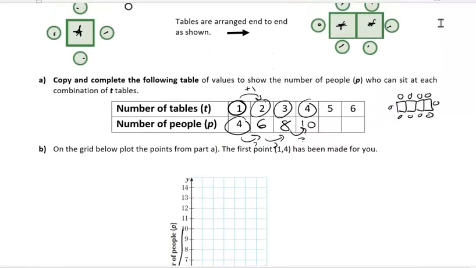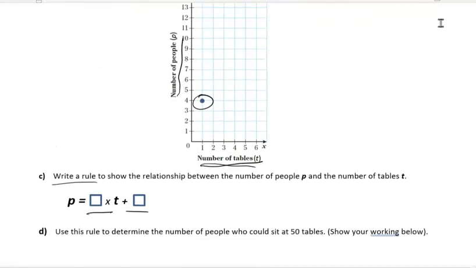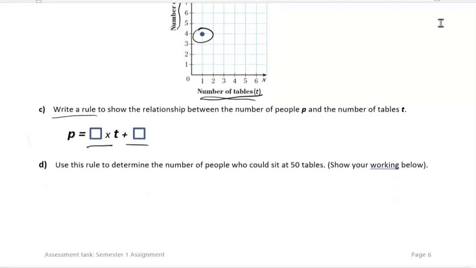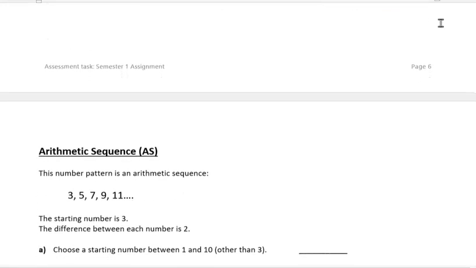Remembering, if we have one table, that seats four people, and we can visualize that like this. If we have two tables, that seats six people. There will be a formula that makes that make sense. Once we have that, we can use that rule to figure out how many people would sit at 50 tables, so we don't have to draw 50 tables and all those circles.